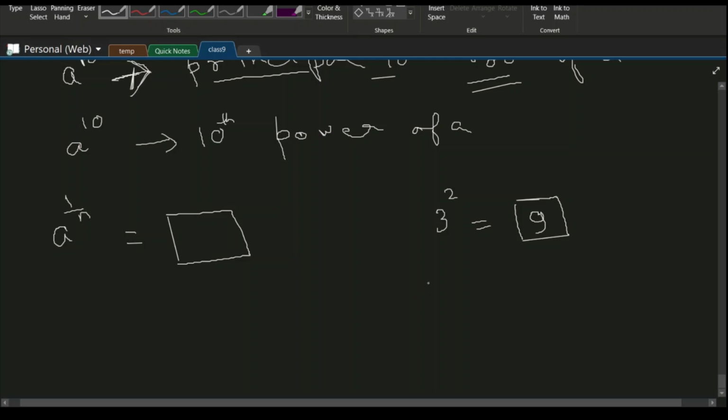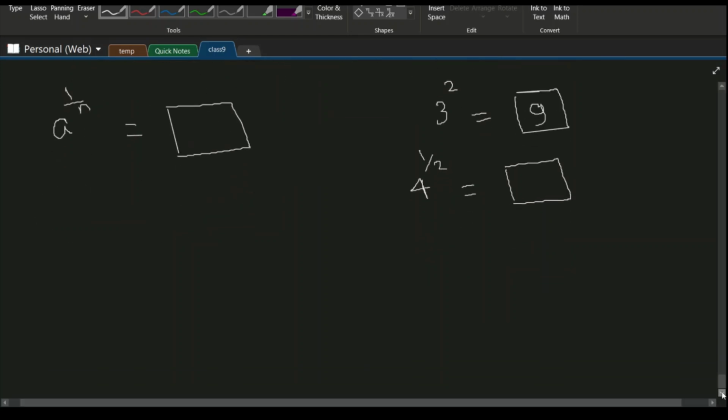But if I have, let's say, 4 to the power half, this is principal second root of 4. That's how we'll read it, principal second root of 4 or square root of 4. Now what should this quantity be equal to? I want to be able to put some real number here without any exponents, just a simple real number. So let's see how this kind of quantity is defined. We need to define it in a different way.